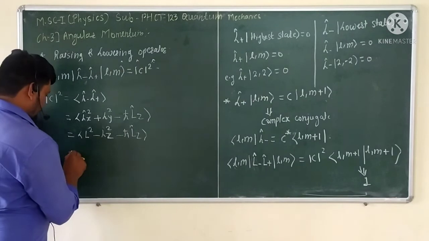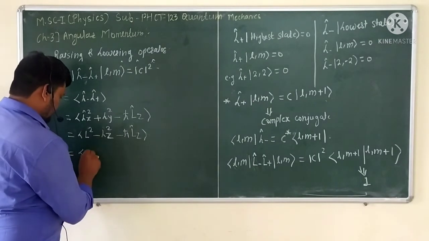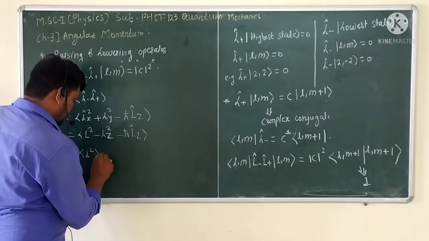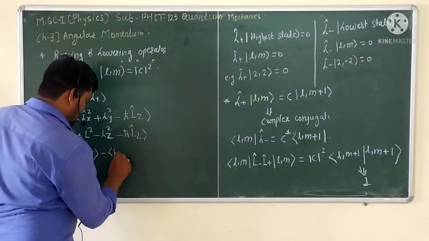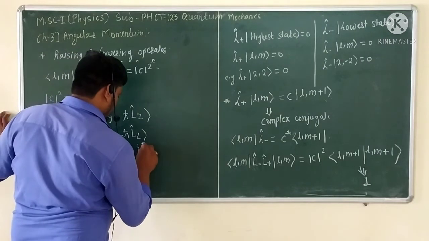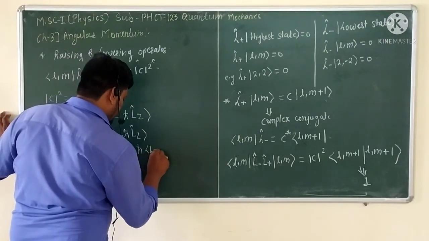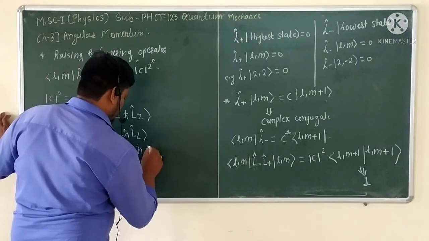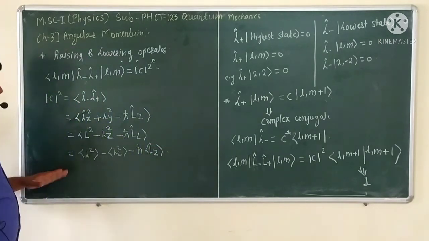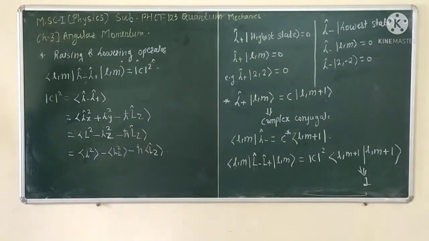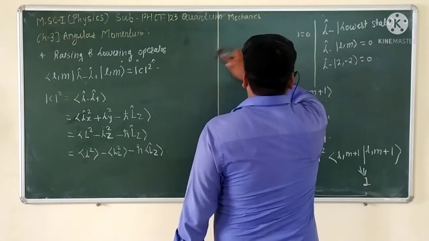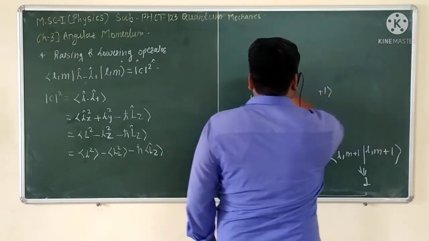And if we put the separate eigenvalues, this is the expectation of L square, minus expectation of Lz square, minus h cross times the expectation of the Lz operator.